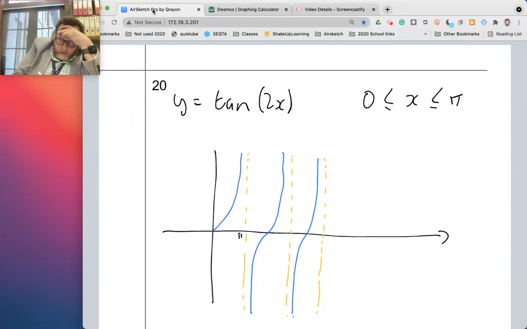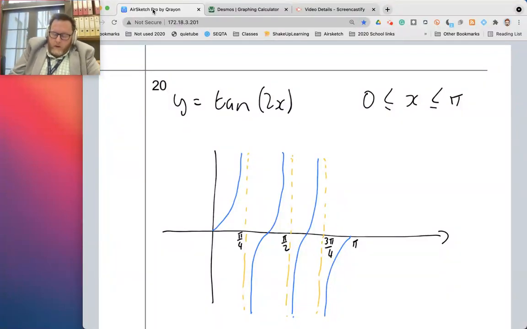We're going to have pi on 4, then pi on 2, then 3/4 of pi here, and so I do need a bit more, don't I? So I'm going to have this to pi, sorry, like so.